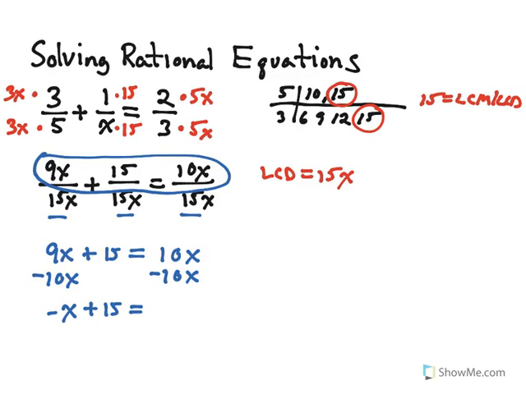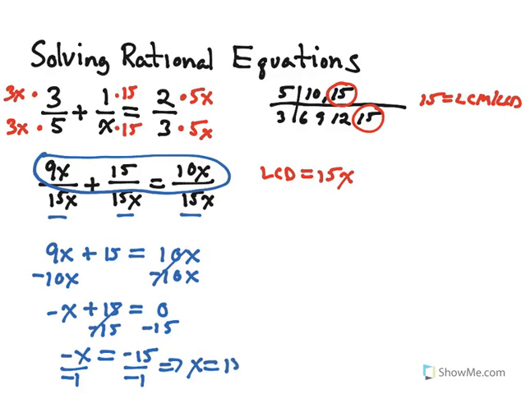The plus 15 stays the same. And then I'm going to move the 15 over, and you get negative x equals minus 15. In order to get a positive x, we are going to divide by a negative 1, and that gives me x equals a positive 15. Okay, and that is going to be your answer for that problem.